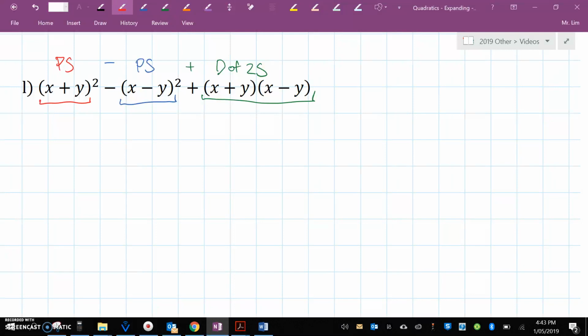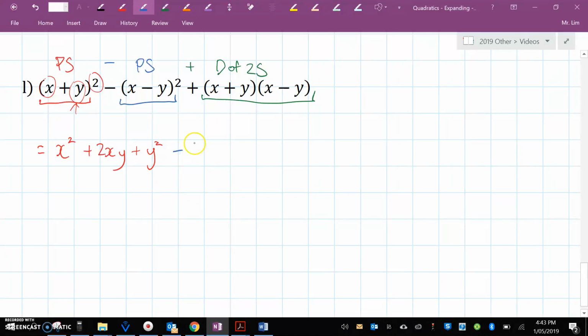So x plus y all squared, perfect square. That gives us square the first term, multiply x, y, and 2. X times y is xy, times 2 is 2xy. Square the second term is y squared.